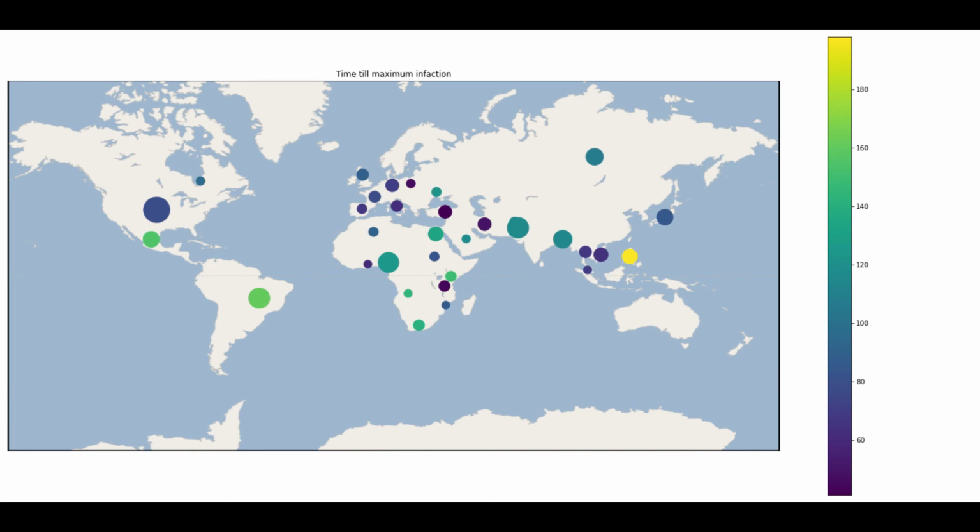And it took longer in South America and Mexico, and also in Africa, and also a bit of Russia. But anyway, the amount of time was relatively short in Europe and North America.